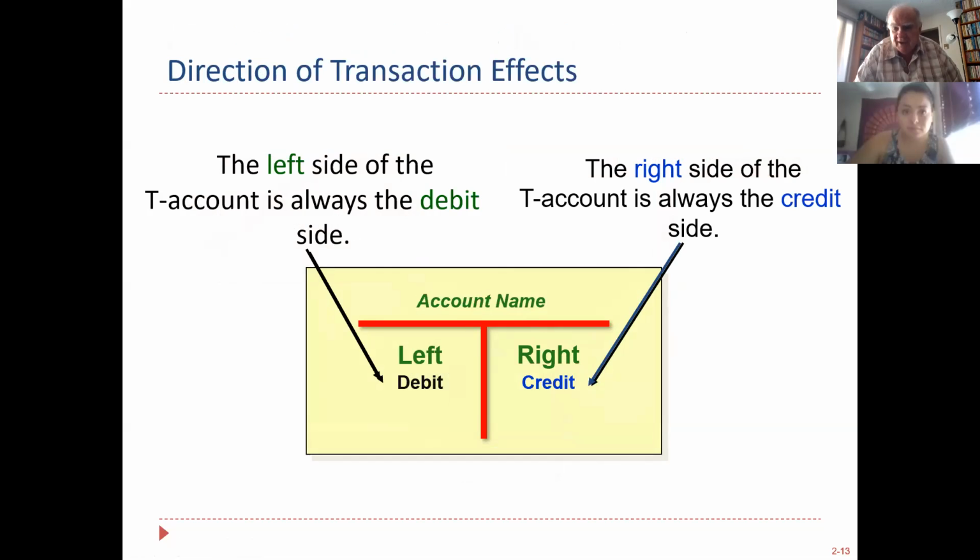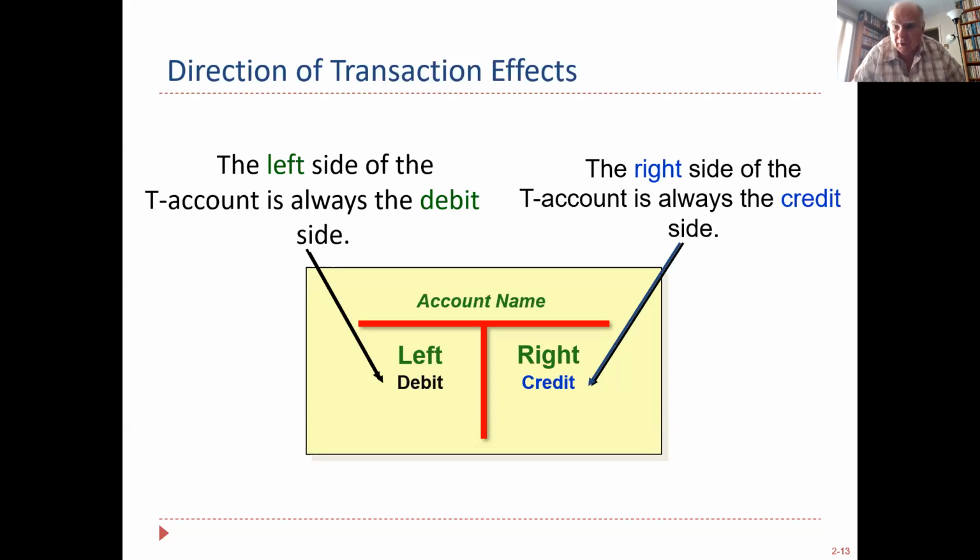It just means left or right. It does not mean up and down, increase, decrease, more or less, good or bad. There's no value judgments here as we go along. Hopefully, this will start to click. Debit means left, credit means right. That's all it means. That's all.